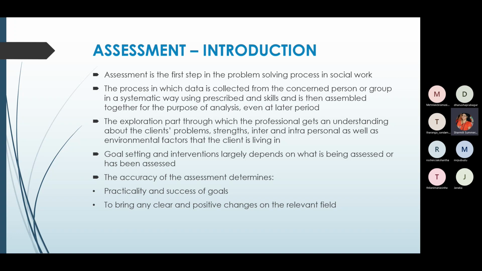Under personal information, we ask the name, age, and gender of the patient, then the occupation and marital status, whether married or unmarried. In hospital setups, we also write when he was admitted and the time of admission to the particular ward.